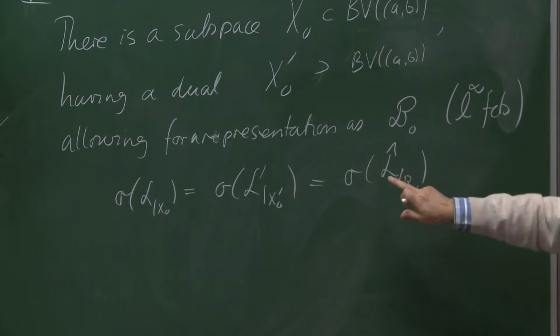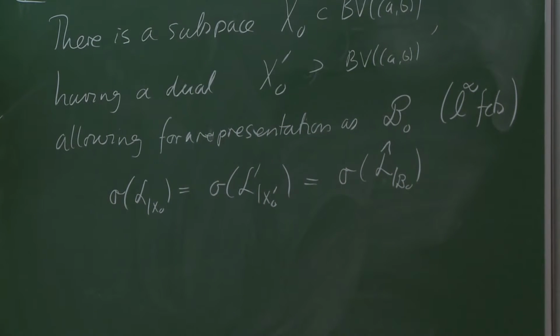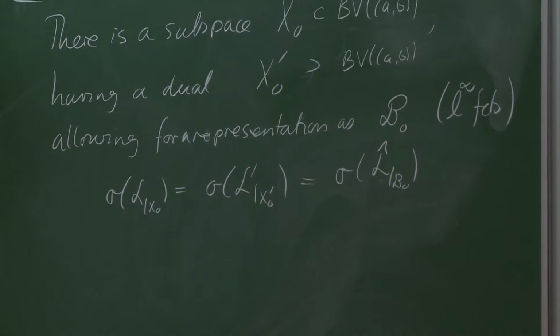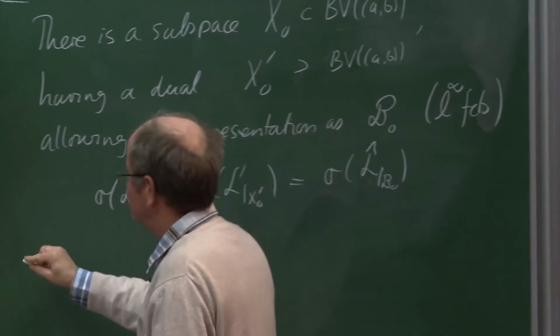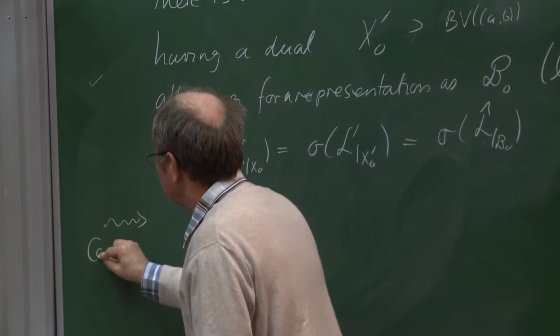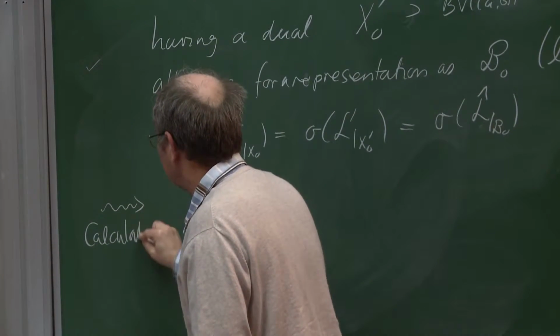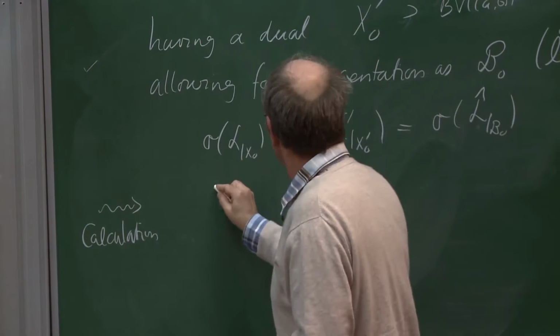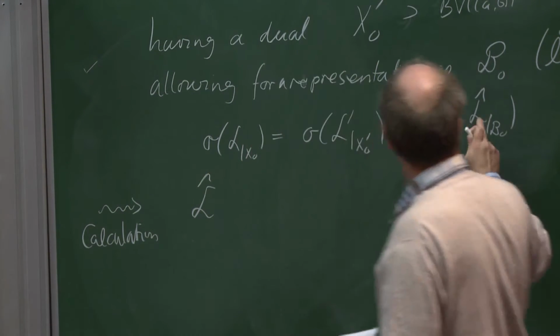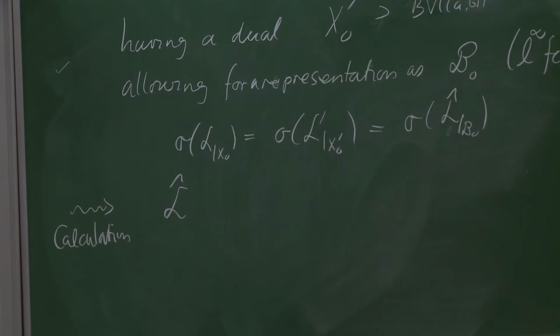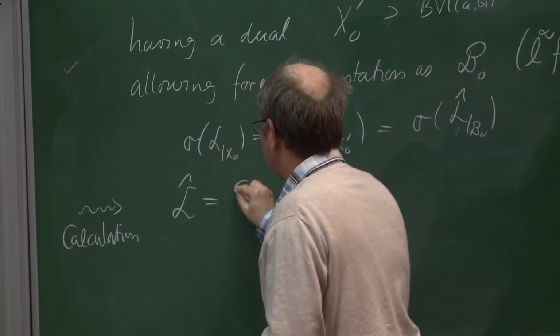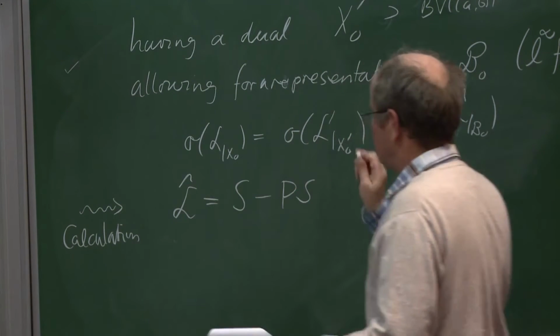Now, the upshot is that this operator here has a very explicit representation. There's a calculation which shows that L hat, the last one here, may be written as an operator S minus PS.